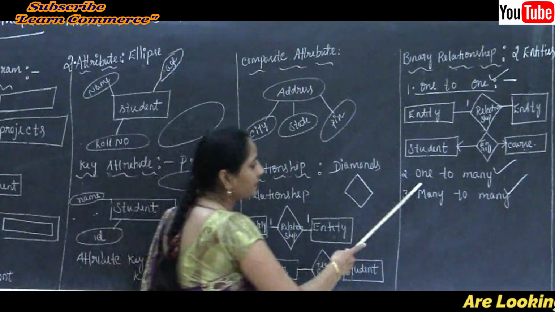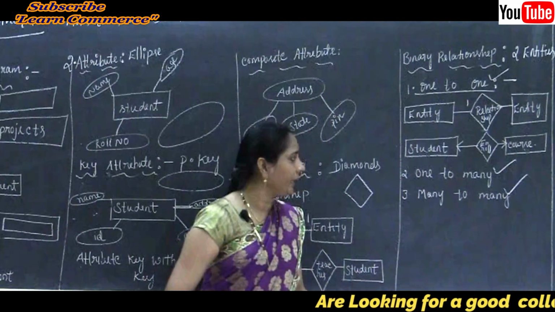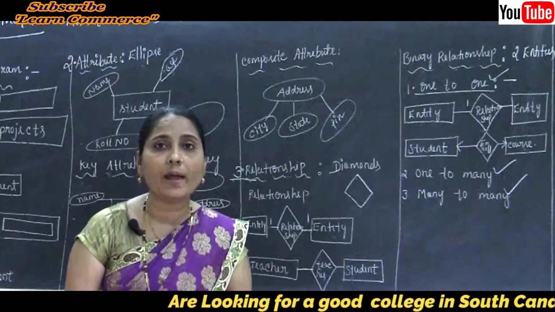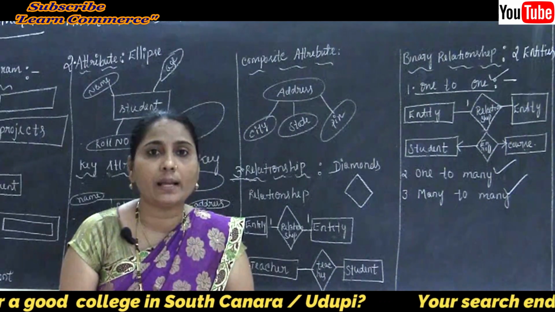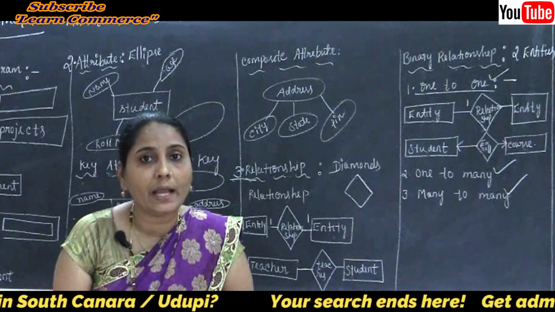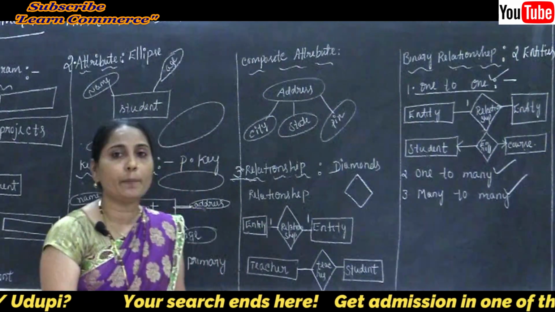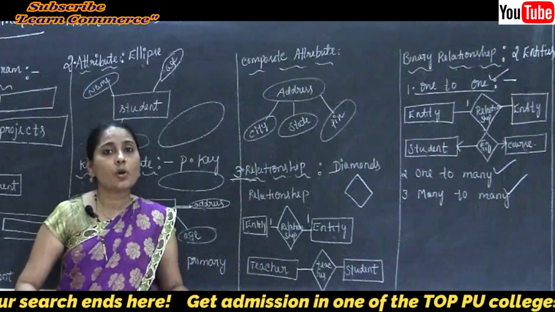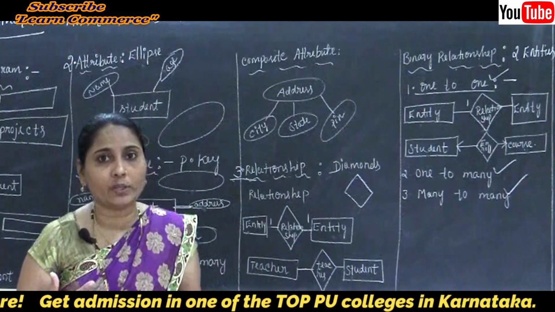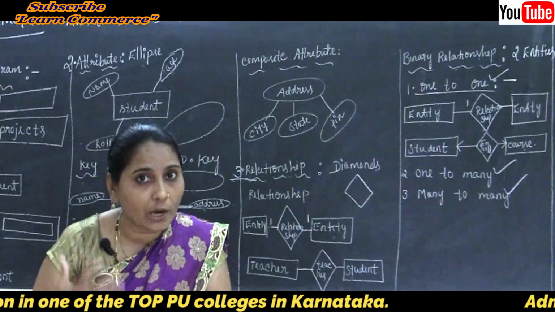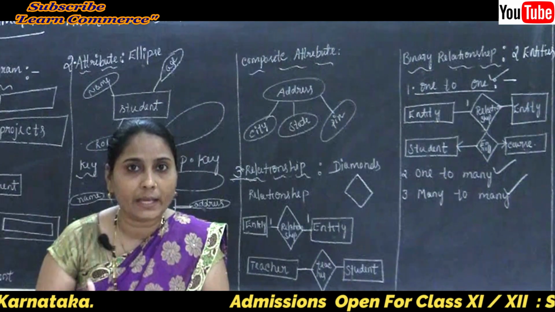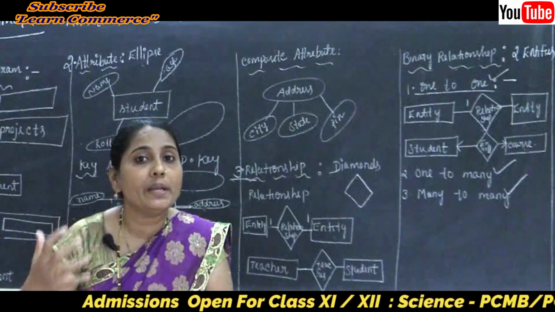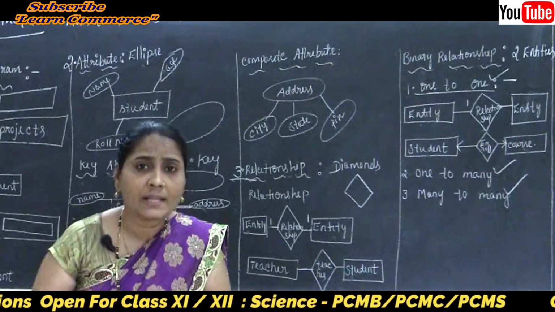Let's see the next one, our one-to-many. It reflects the business rule here. In simple words, one entity is associated with many of the same entity.